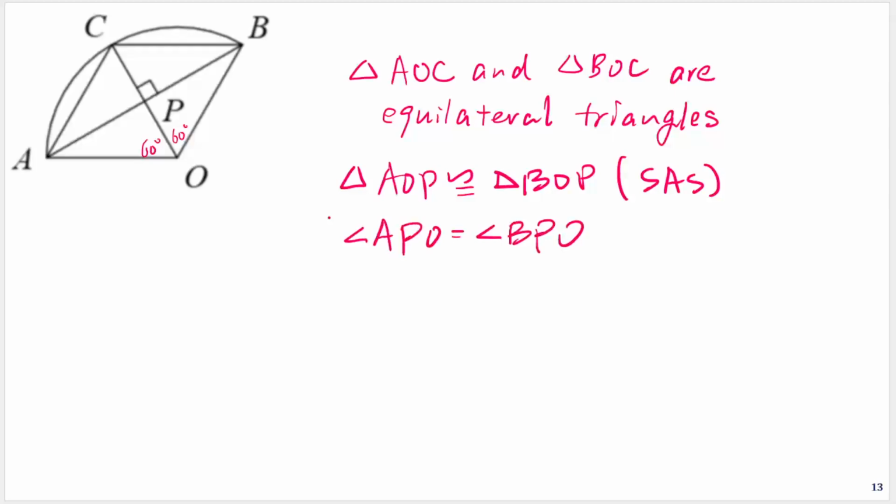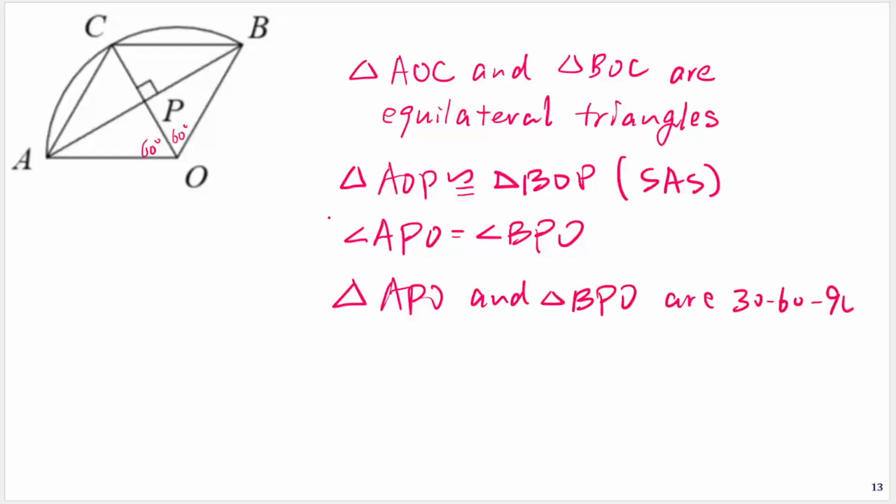These angles together make up a straight angle, so angle APO equals angle BPO equals 90 degrees, and triangles APO and BPO are just 30-60-90 triangles, right?